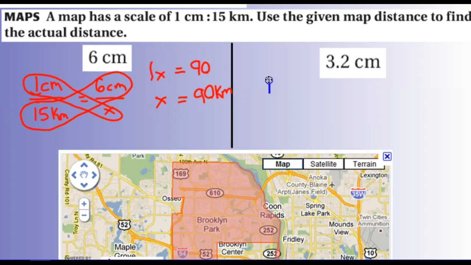Same thing here. I have 1 centimeter over 15 kilometers. Now my centimeters are given, so I'm going to line that up with my centimeters. And what I don't know is my kilometers, so I'm going to put an x there. Again, cross multiply.